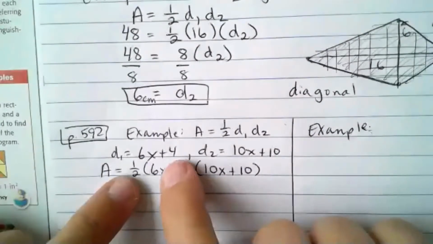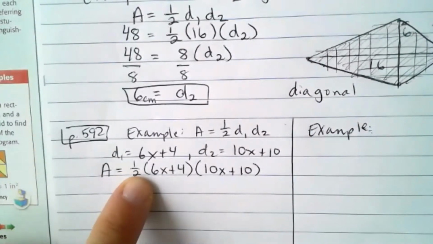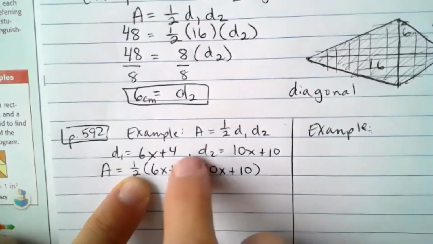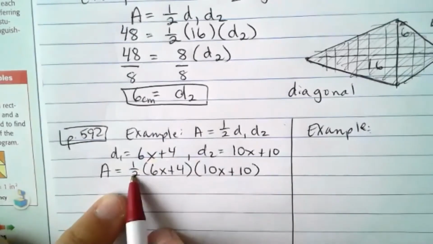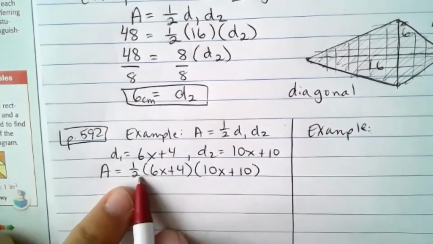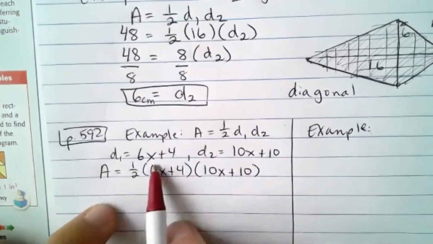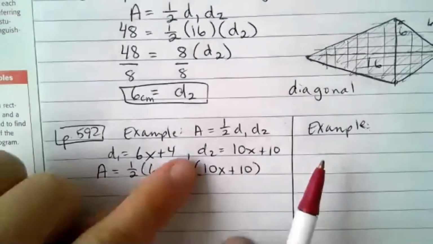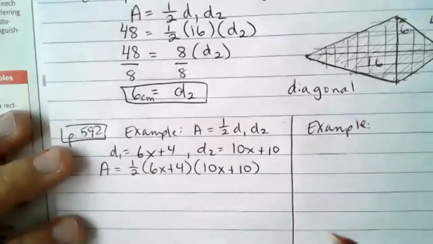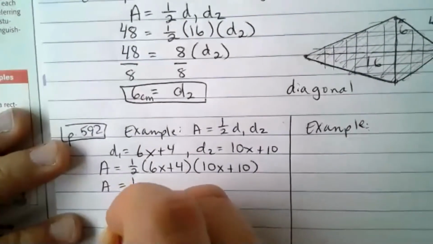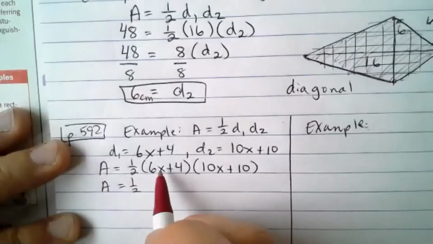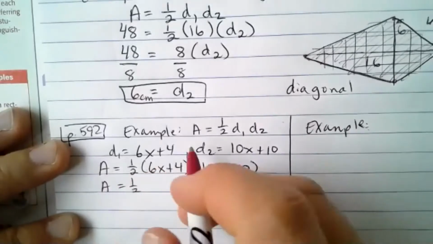Just like if you were to take 6 and divide it by 2, what would you get? You would get 3, right? So 6 divided by 2 is 3. Well, what's 4 divided by 2? 2, right? And if you've already taken care of that, then you only have to do it to one of those. Well, I'm going to do it the way the book does it. I just wanted you to understand that there are other ways to do this.